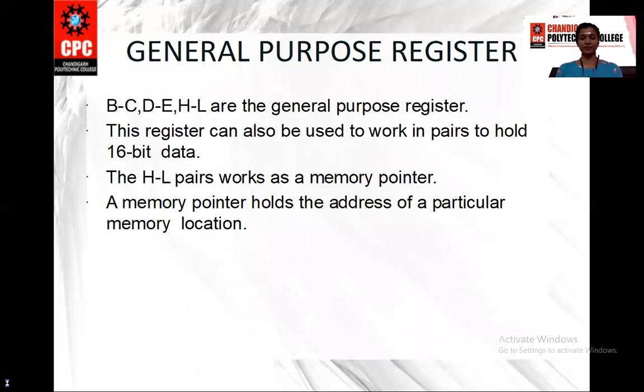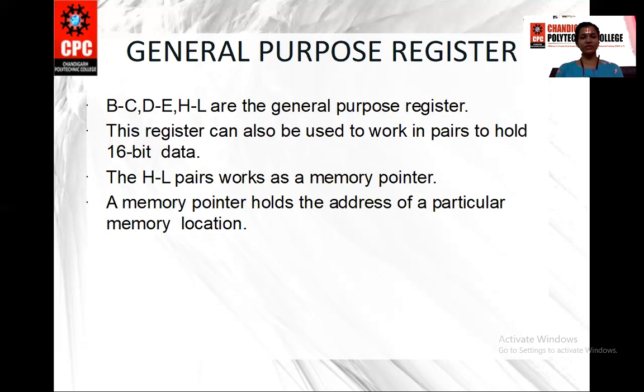Next will be general purpose registers. There are 6 general purpose registers in the 8085 microprocessor, named B, C, D, E, H, and L. Each register is of 8 bits because they store data of 8 bits, and you can also use them in pairs: B and C combined as BC, D and E as DE, H and L as HL. Why are we using them in combination?